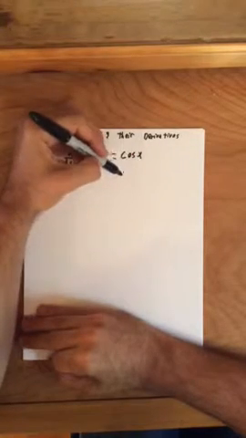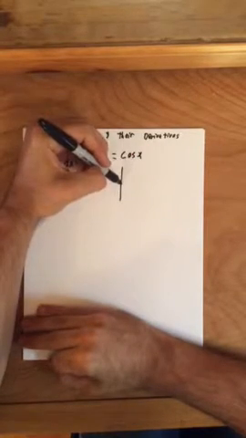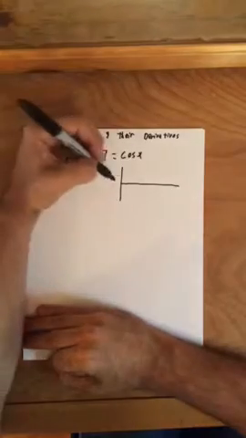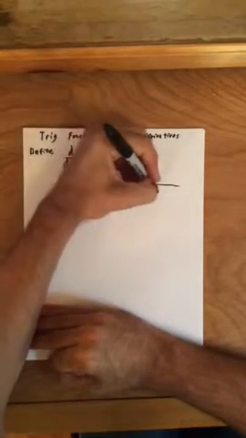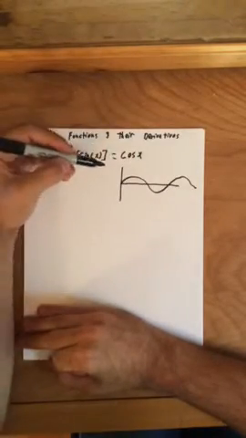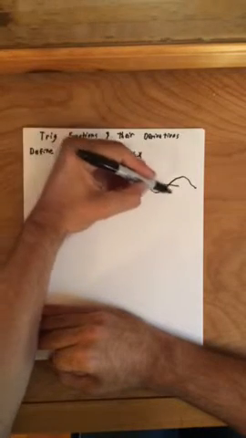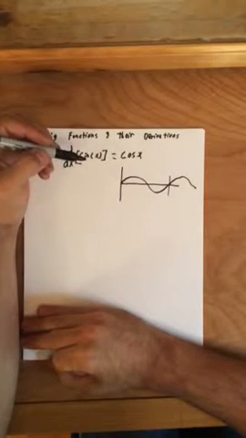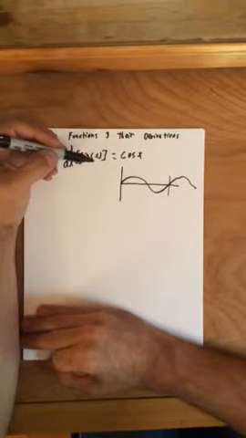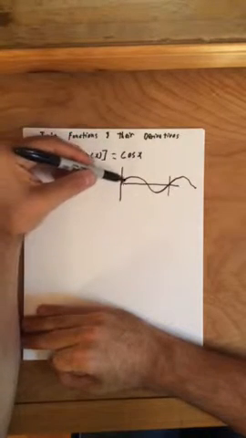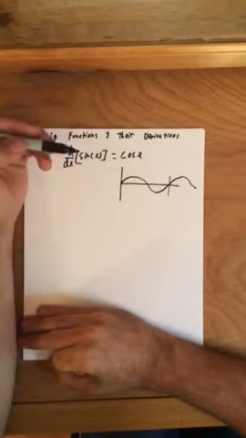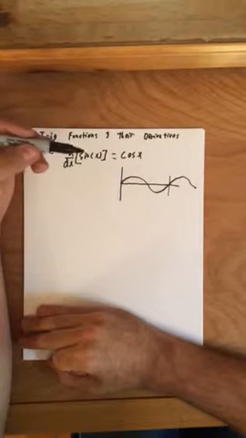If we look at the graph of sine x, and I'll do my best to draw a decent sine wave, something like this, we see that it's going up and coming back down, and it's oscillating, so it makes sense that the rate of change of this function would also oscillate back and forth.